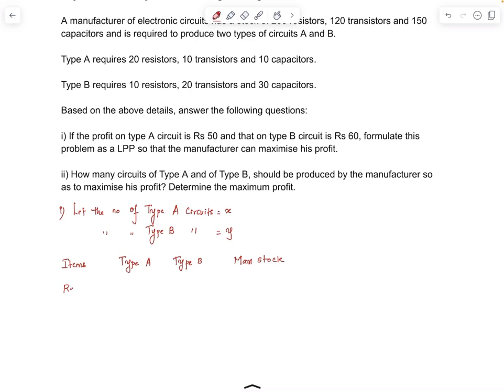So the resistors is 200, and transistors is 120, and capacitors is 150. So this is the maximum stock the manufacturer has.